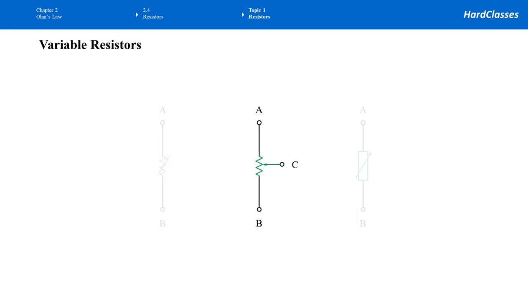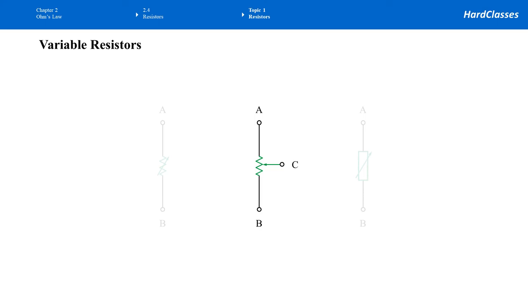The second symbol also represents a type of variable resistor. This kind of resistor is called a potentiometer. It's a device. The user can change its structure manually, so its value changes. As you can see, there are three terminals.